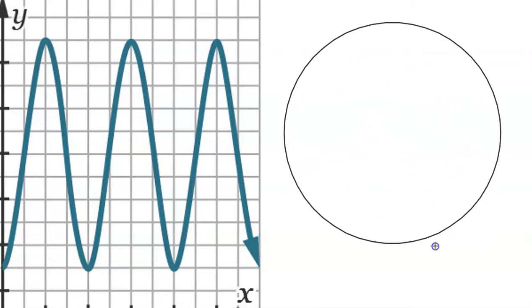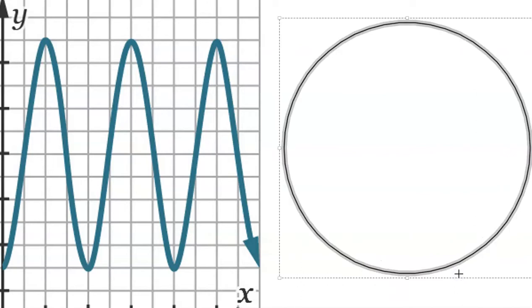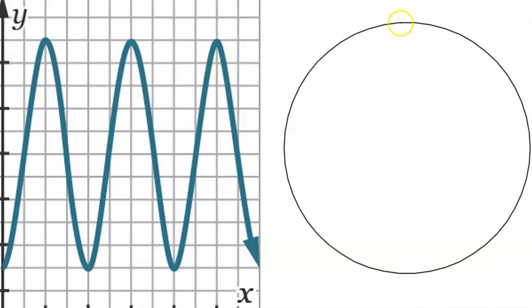Okay, so when we talk about a circle, the diameter is the distance from one side of the circle all the way to the other. So this red line that I'm drawing, that is the diameter.